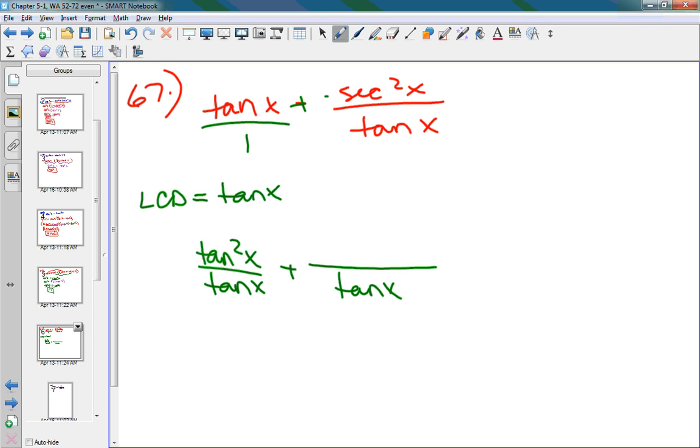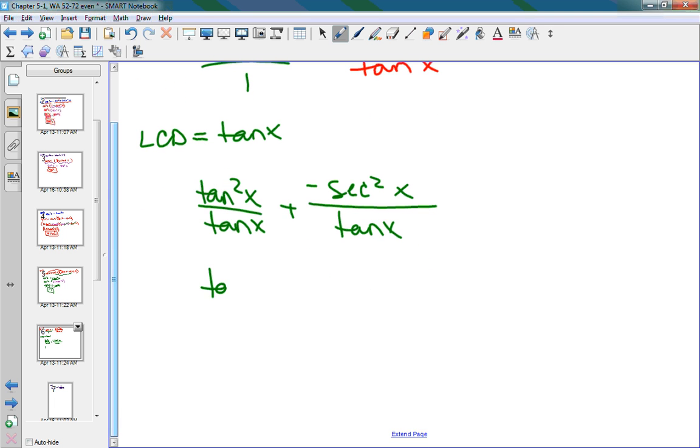Now, what did I multiply tangent by? Did I do anything to it? No. So I'm just going to make that negative secant squared of x. Now, what do I do? Do I have the same denominator? So what do I do? I marry them. So this is going to be tangent squared x minus secant squared x all over tangent of x.